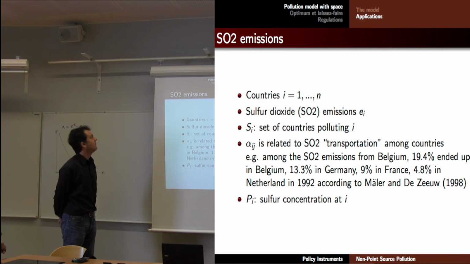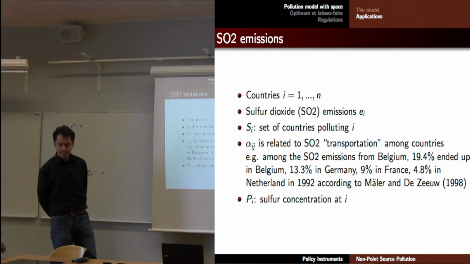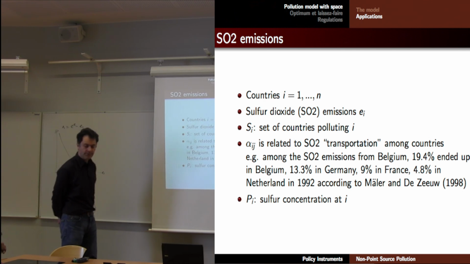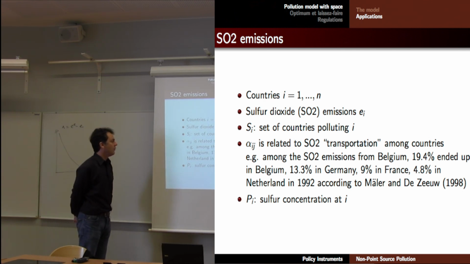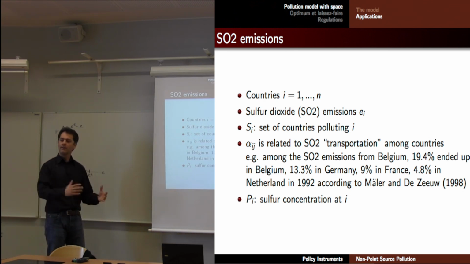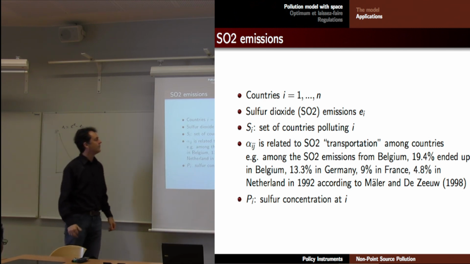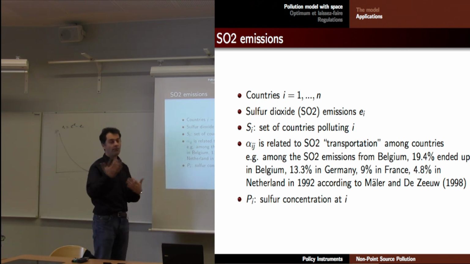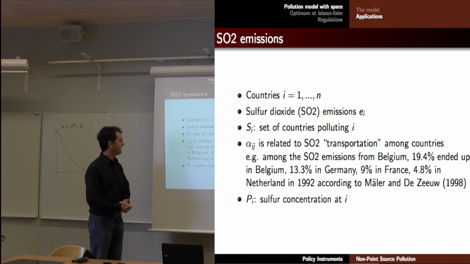SO2 emissions also cause some health problems, but mostly locally, whereas acidification is mostly global. The idea is that those pollutants go to the atmosphere and come down through the rain, often far away, depending on the wind, in other countries.